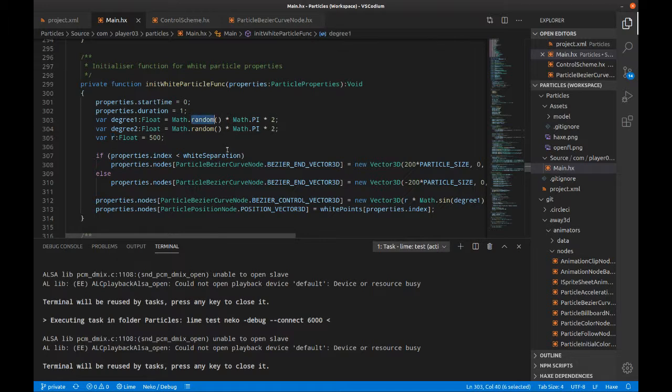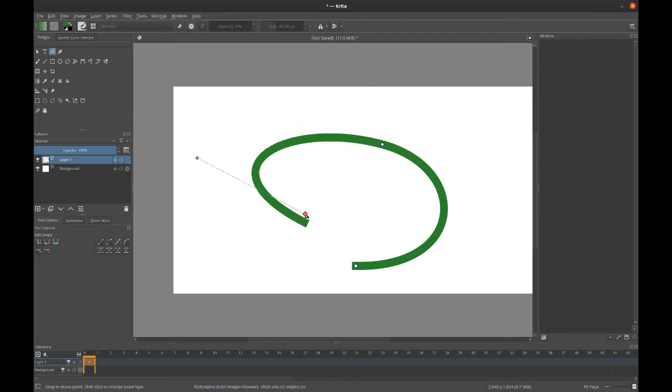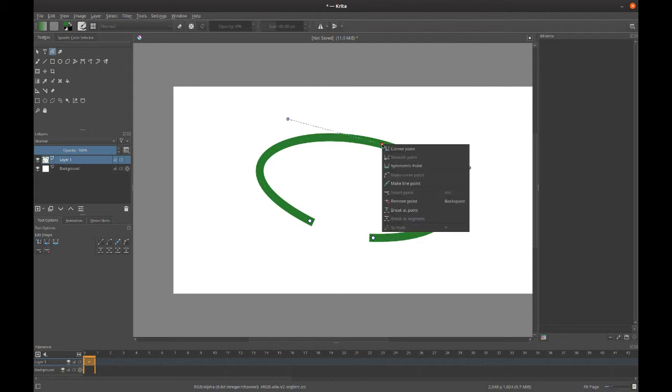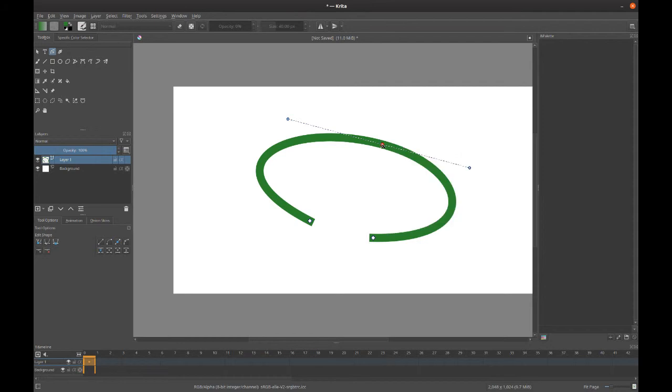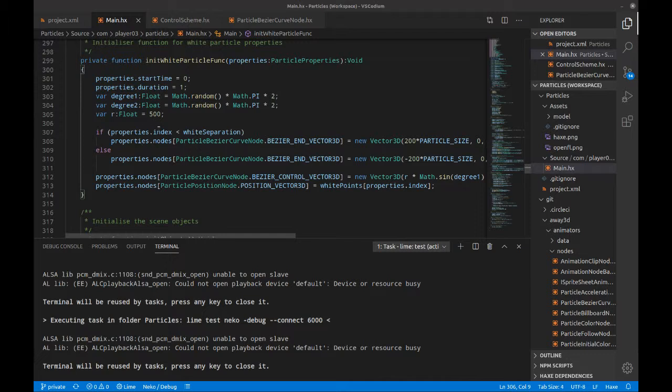And there's a degree of randomness. Okay. I'm not too worried about the actual math behind Bezier curves. I'm sure that part's fine. Right now, I'm looking at this code.